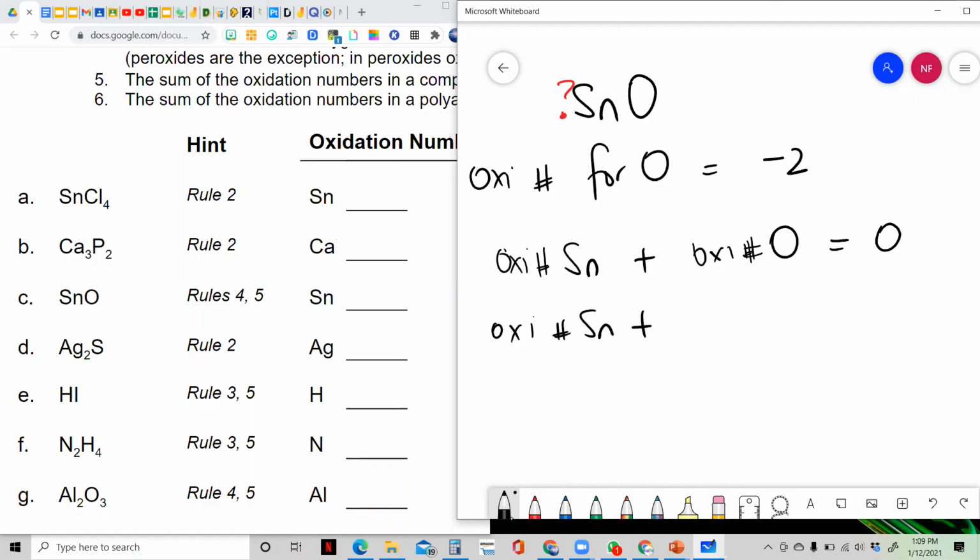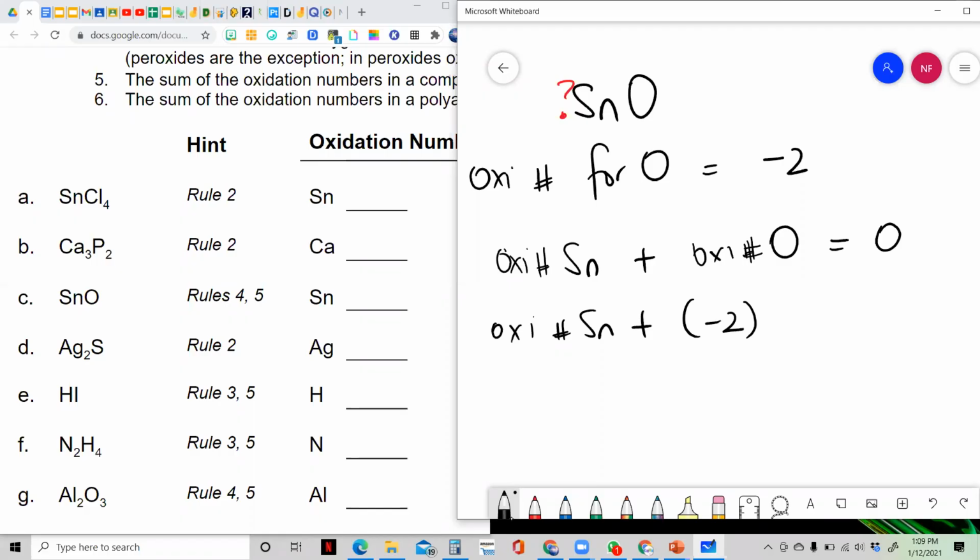However, I know the oxidation number for oxygen because the rule tells me that it is -2 in compounds except in a peroxide. I don't have a peroxide, so I'm going to add the oxidation number for oxygen. Now I need to consider how many atoms I have of each.